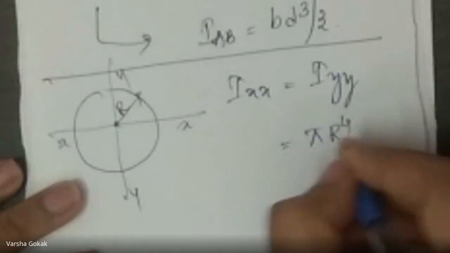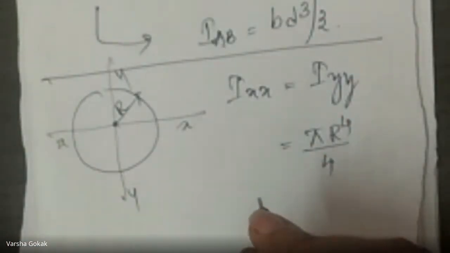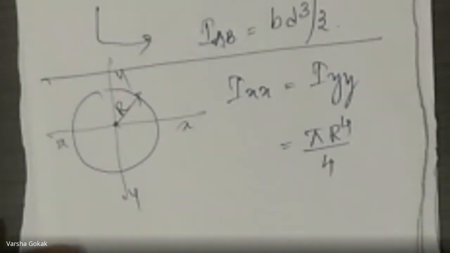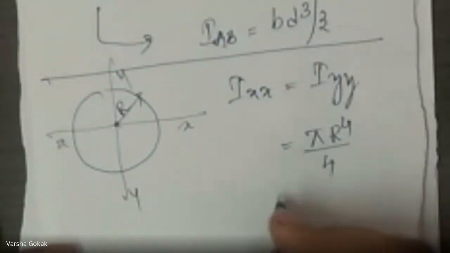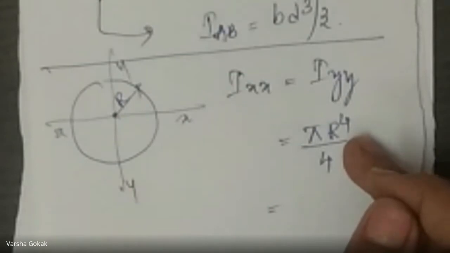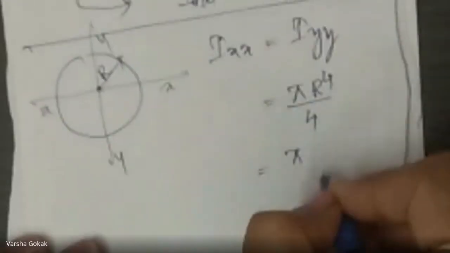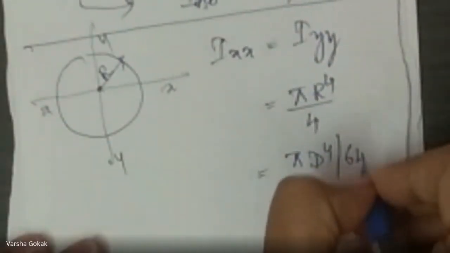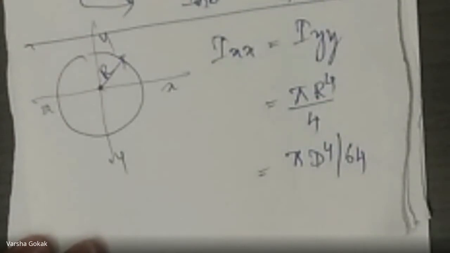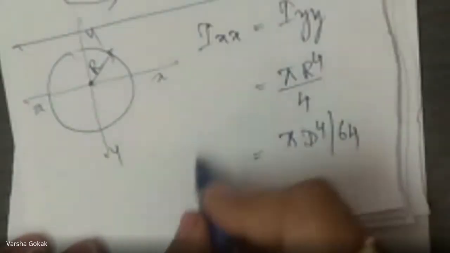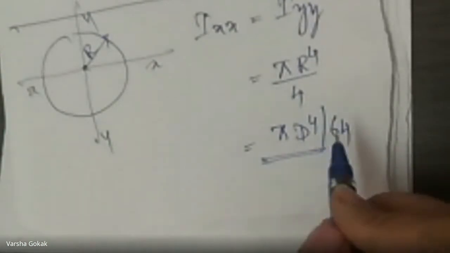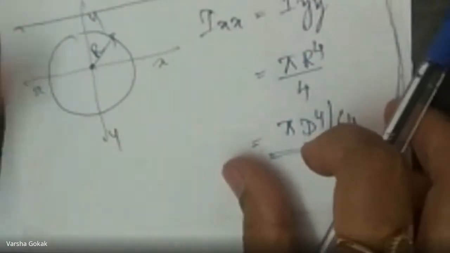Yes, pi r raised to 4 by 4. If I want to write it in terms of diameter, we know we will put r equal to d by 2, right? So based on that, I will get pi d raised to 4 by 64. So if diameter is given to us and I want to find the moment of inertia in terms of diameter, it is pi d raised to 4 by 64. Ixx and Iyy are going to be the same because a circle is a symmetrical figure.